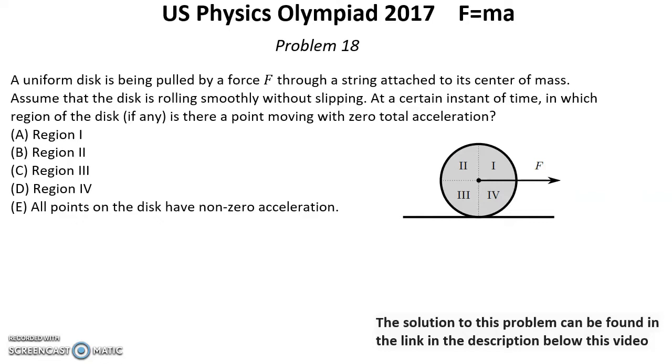Solution for problem 18. Let's check all four regions for this condition. Let's take region 1. Basically, we have three kinds of accelerations. One acceleration is for all of the points, which is equal to force divided by mass of this disk.